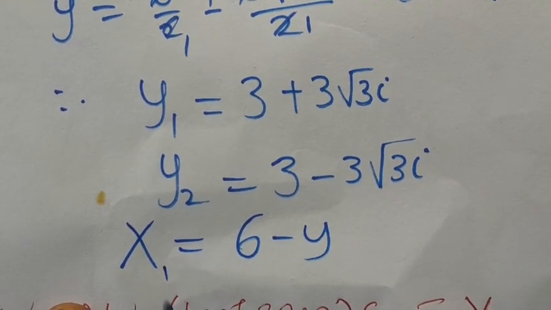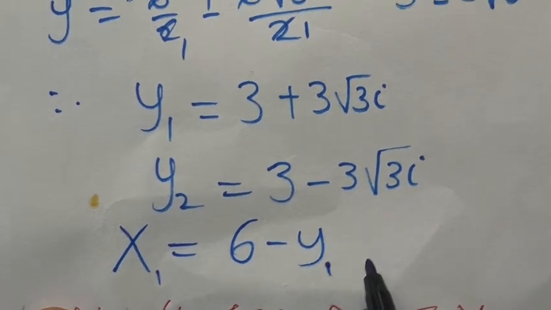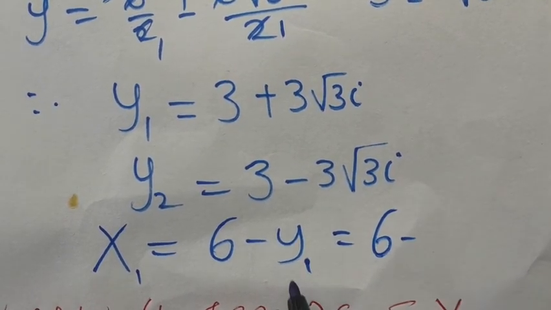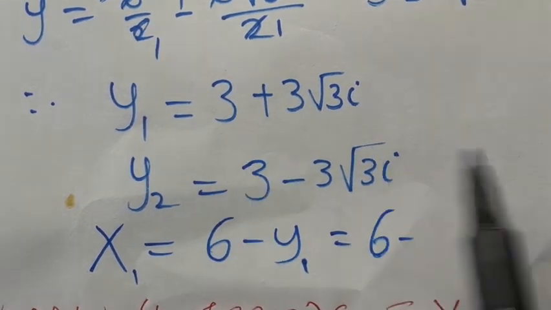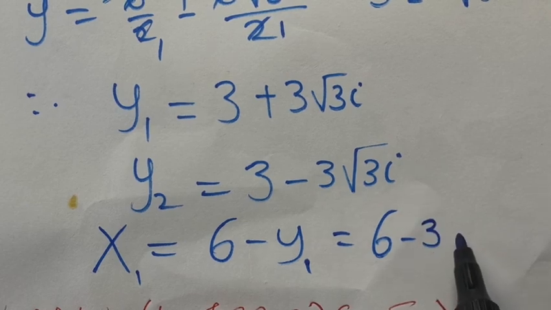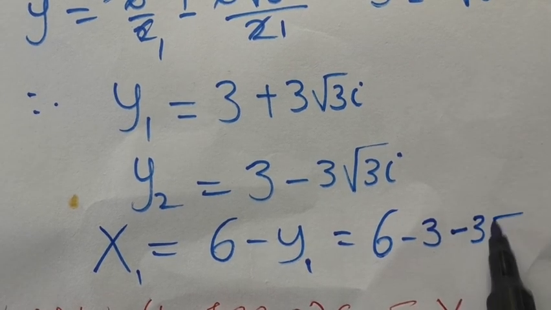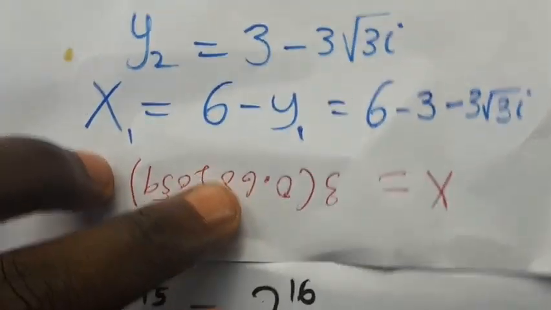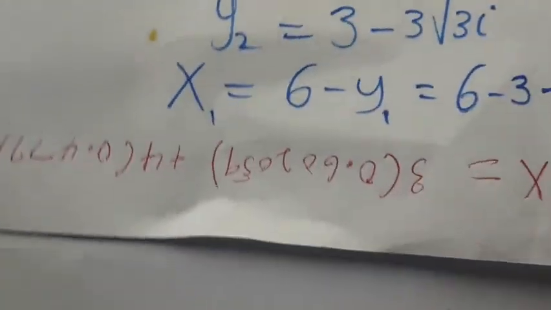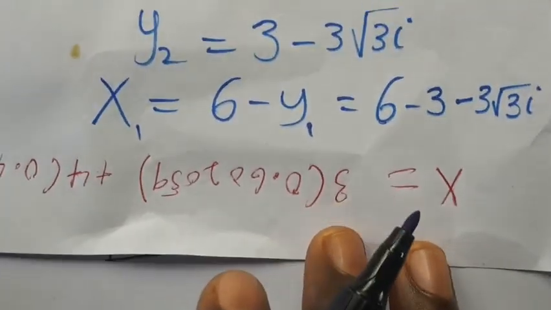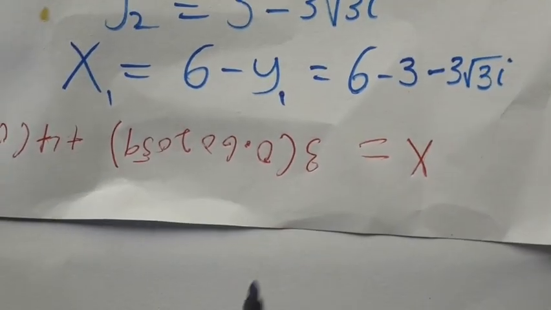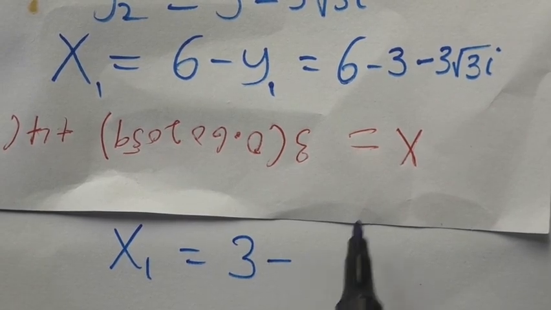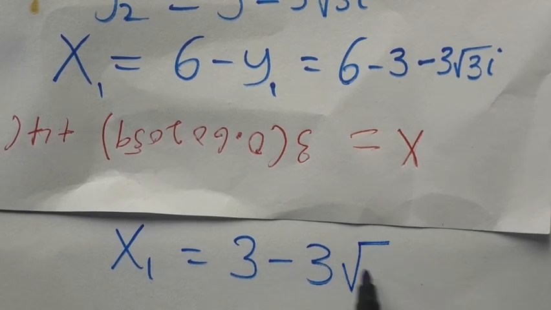For x1, it will be 6 minus y1, which will definitely equal 6 minus 3 plus 3 root 3 i. So we get x1 equals 3 minus 3 root 3 i.